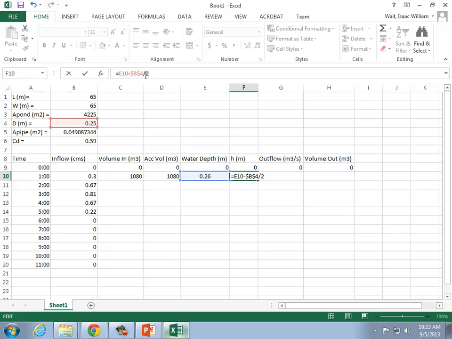Because if I've got the depth of the pond, so this is pond depth, from the bottom of the pond up to the water surface, H is pond depth minus pipe diameter divided by 2. So that's what I've just typed into Excel. Again, I'm going to reduce the amount of digits that are shown.